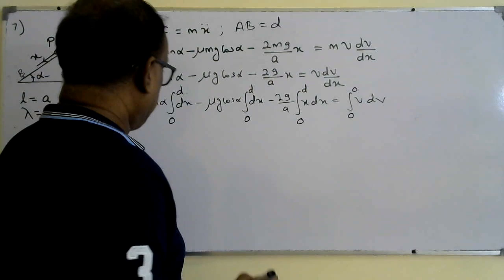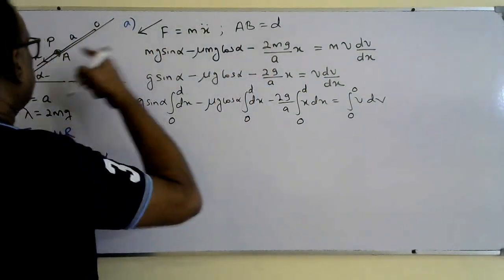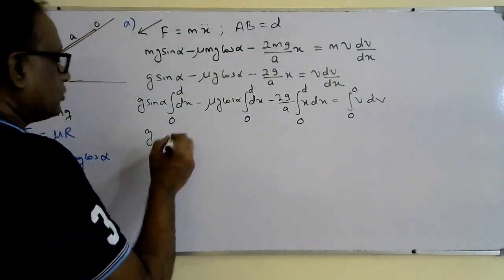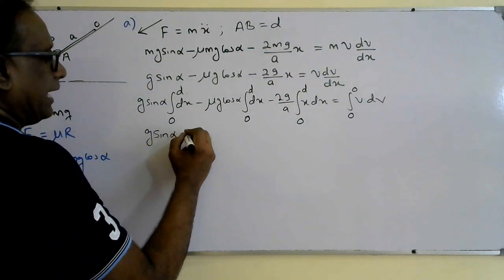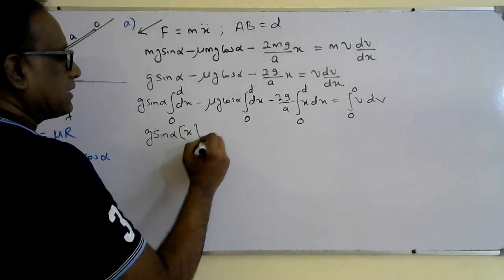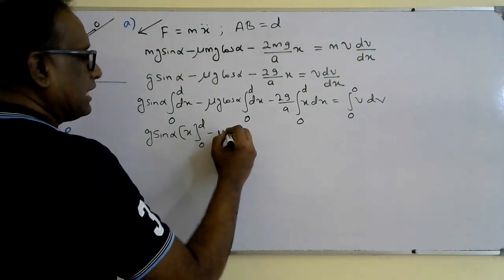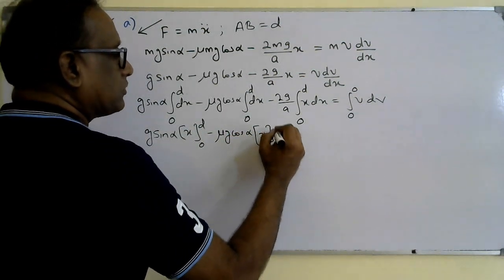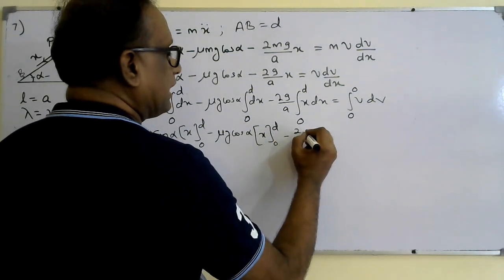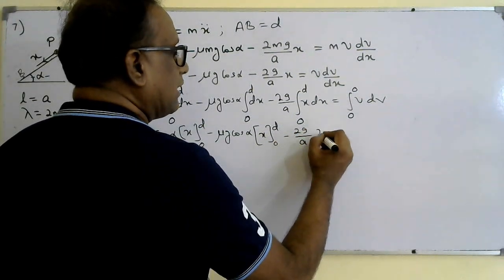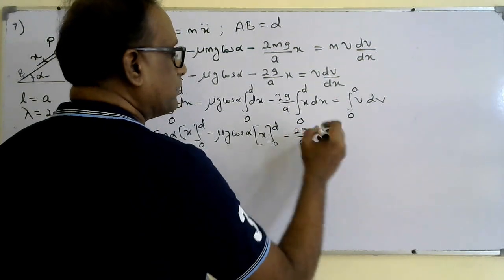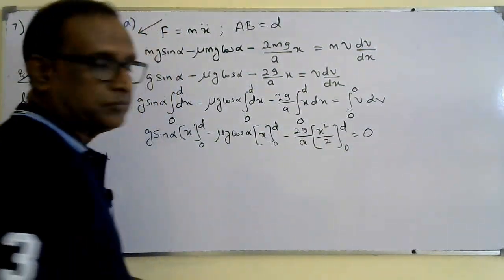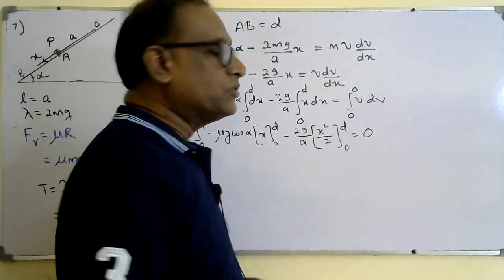Okay, we'll continue now. g sin alpha, so d means the distance AB. I put it as d rather than putting AB. So g sin alpha x, the limits 0 to d, minus mu g cos alpha x, 0 to d, minus 2g over a, x squared by 2, the 2 and this 2 will get cancelled, 0 to d, equals 0, because v squared by 2, if you substitute 0 and 0, is anyway 0.